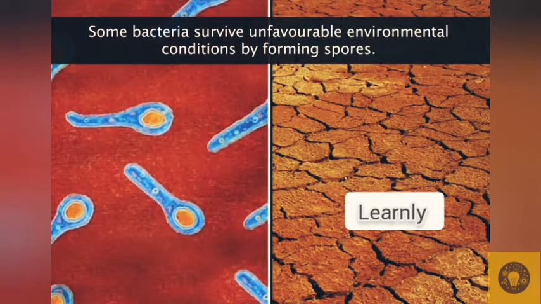Some bacteria survive unfavorable environmental conditions by the process of spore formation. In this process, the cell loses water and is enclosed by a thick covering. This structure is called a spore.